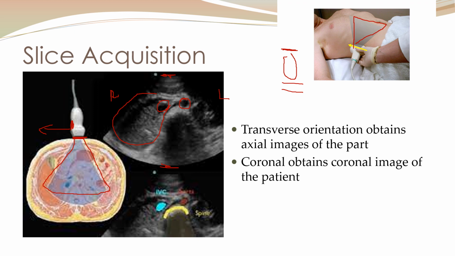It also works as a good window or a good location to evaluate the right kidney, as well as if this person scanning were to slide that transducer upward, this would be the perfect place to get a right diaphragm, including the pleural space as well as the liver, looking for pleural effusions or something like that.